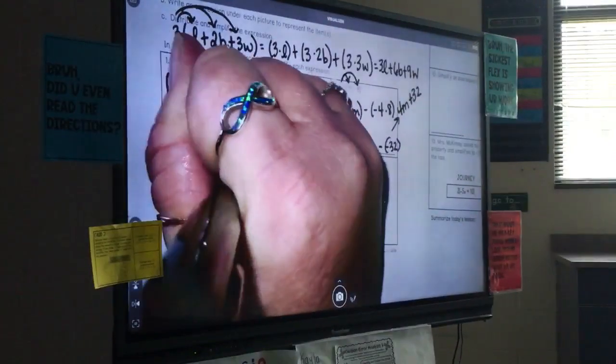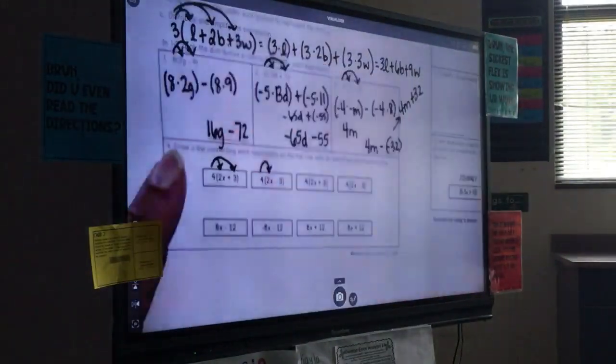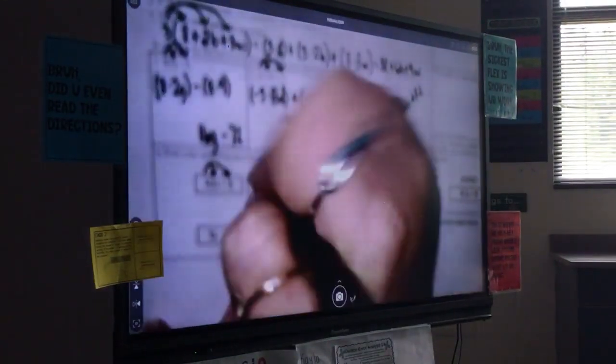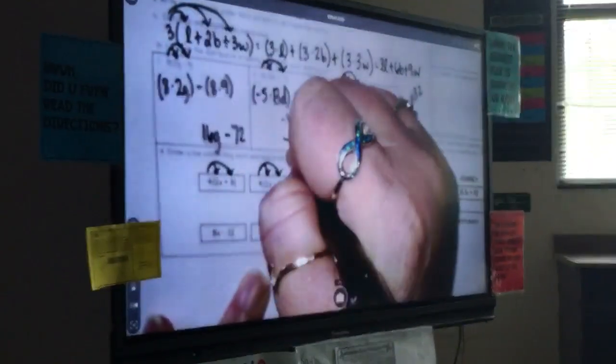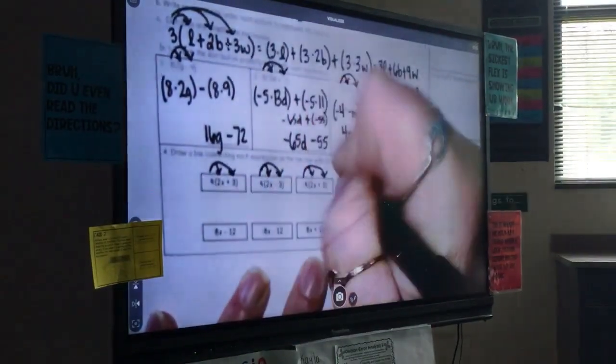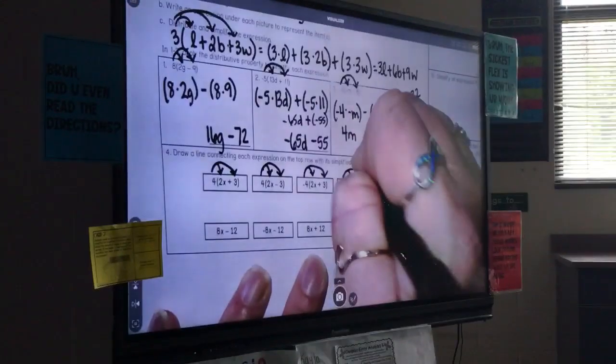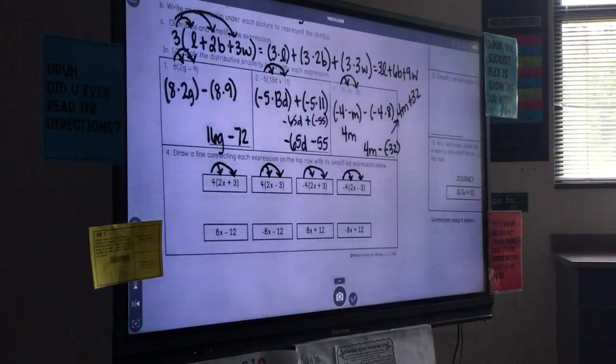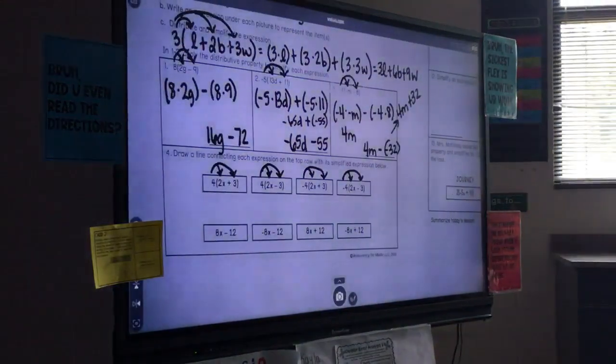We're doing 5, 6, and 7. No, just 4. Just 4, guys. This should not take us very long. We should get this done fairly quickly.